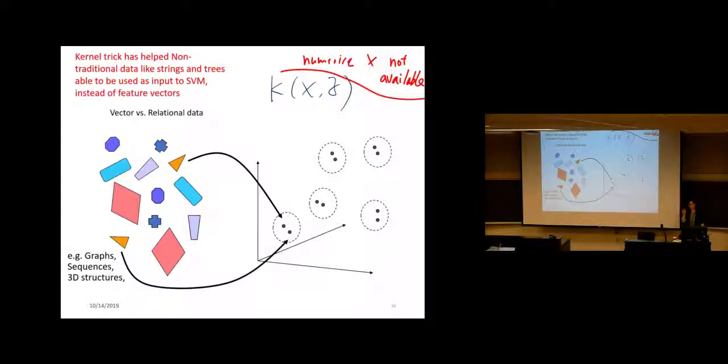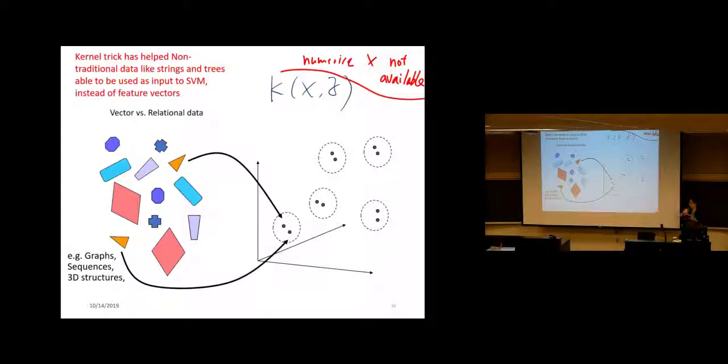If you can design K(X, Z), because it only requires these pairwise similarities, as long as you can define who is more similar to the other, then you can use SVM to perform principled classification. This is a really important property because I do not need to convert into numerical X.